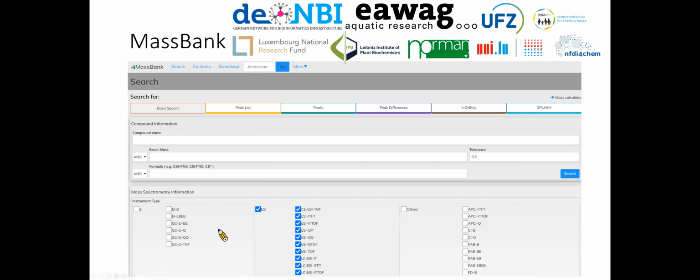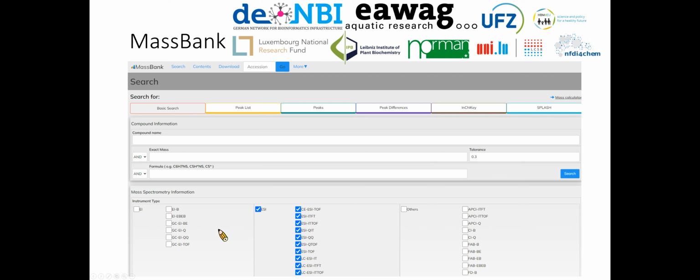MassBank is an open source mass spectral library that is maintained and developed in Europe. MassBank is a publicly accessible database that contains mass spectral information and related data for small organic molecules. It was created as a resource for scientific researchers, particularly those in the field of metabolomics and environmental analysis.